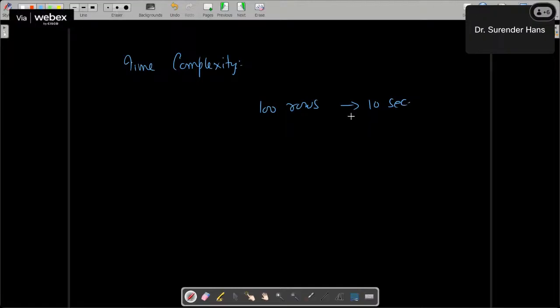Now if we double the data points, let's say 200 rows, how much time does it take to compile the output? That is the time complexity.